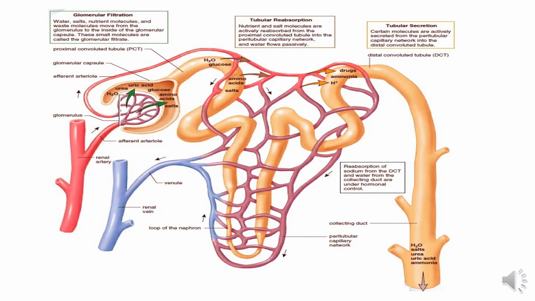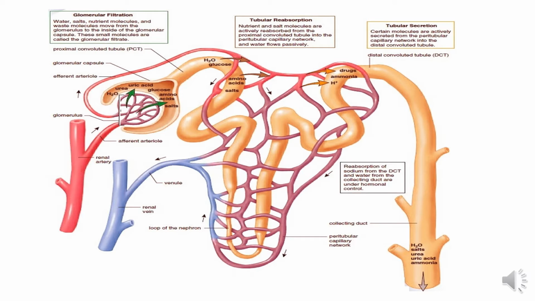Here is a picture of the urine formation process. Urine is secreted by the kidney, and the nephron is the functional unit of the kidney. The nephron consists of the glomerular or Bowman's capsule and the proximal convoluted tubule.